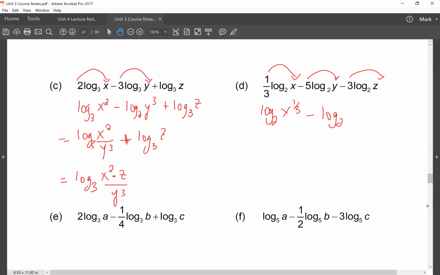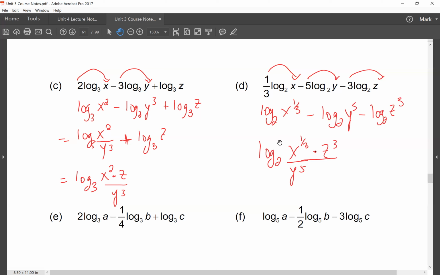So log y to the 5 minus log 2z cubed. And the same thing, I'm going to say log 2. I can say x to the 1/3 over y to the 5 multiplied by z to the 3.